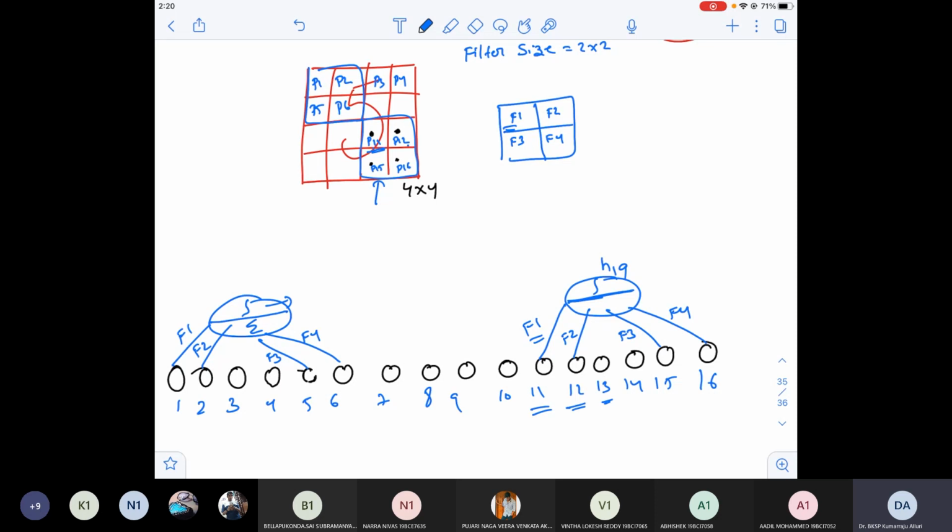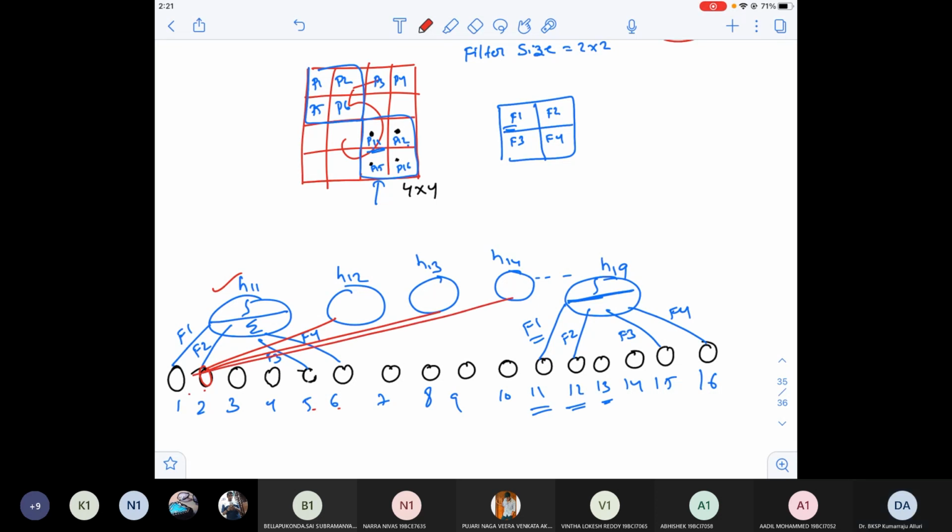Now, should I stop at this point? No. This is H11. In between you'll have H12, then H13, then H14, and so on till H19. Now you should realize that 1, 2, 5, 6 are connected to this, but this 2 is not connected with any other hidden neurons in the same layer.